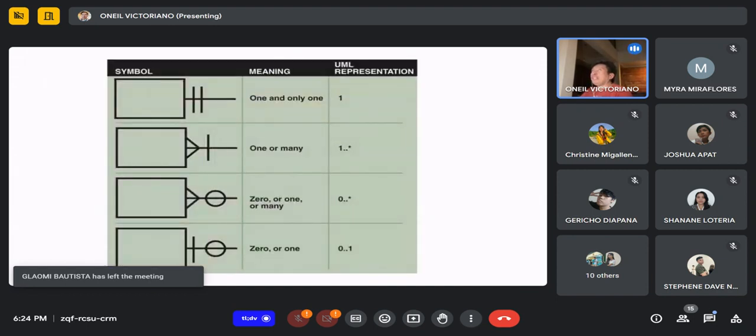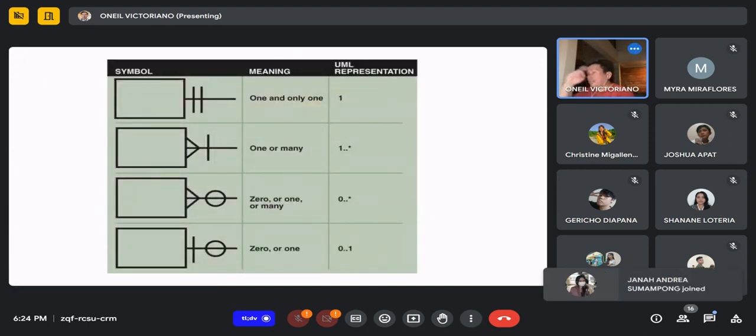No? In ERD, we have cardinalities. I think you also underwent a data model from your AIS, no? In which we have different cardinalities like one to one, one to many, zero one. No? So the minimum here is one, and the maximum is one.